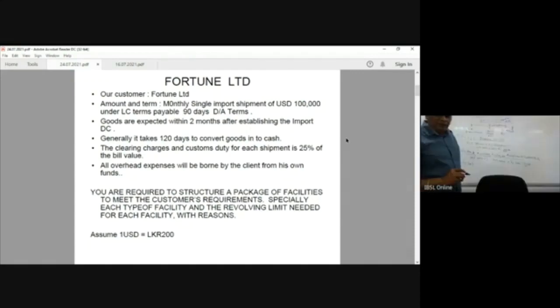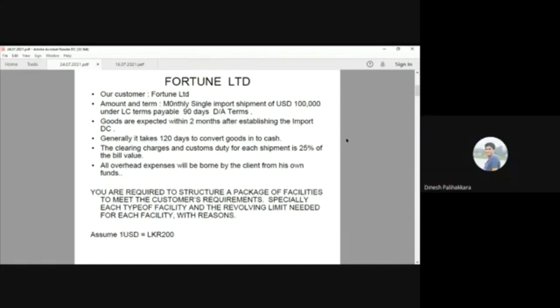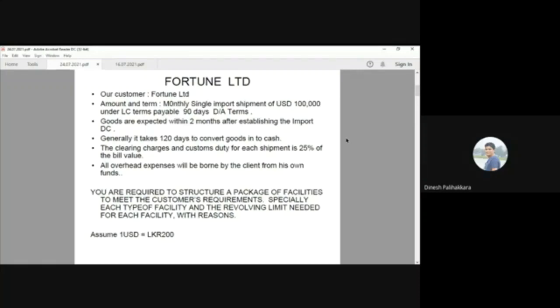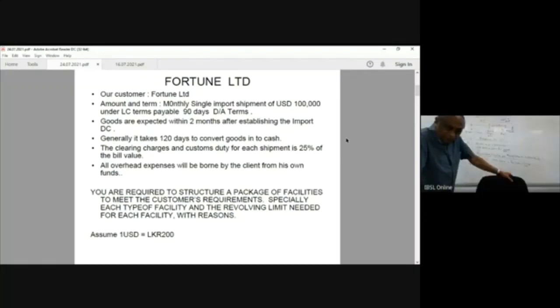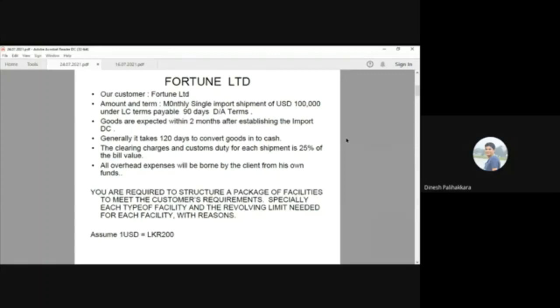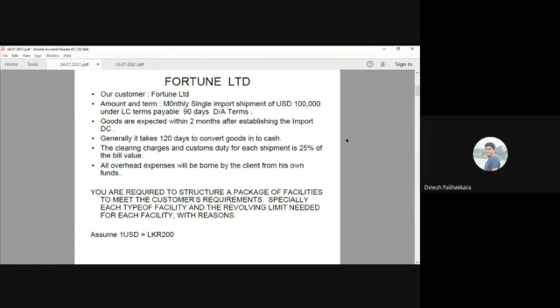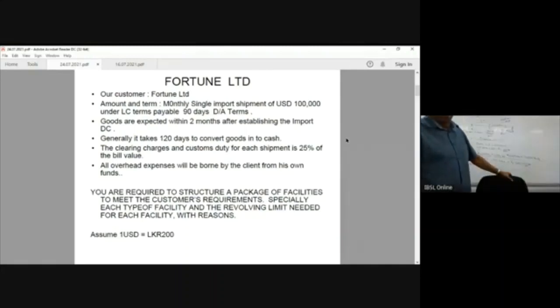For what? To pay the accepted bill. Then the third facility is a revolving facility.